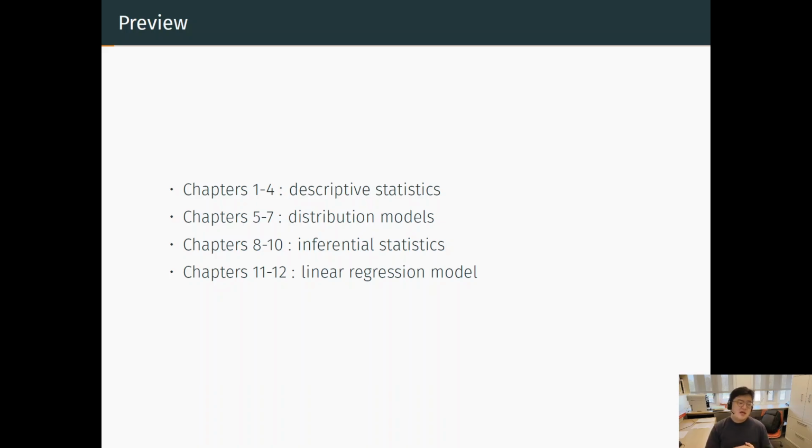When you say a model, that means you make assumptions and simplify things and explain the phenomena, and then study the properties based on the simplifying assumptions. So we are going to learn binomial distribution, normal distribution, some very basic distribution families in the second part.